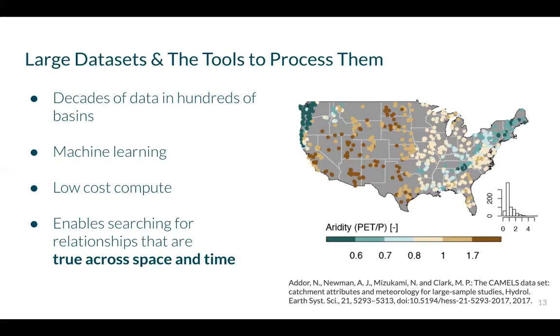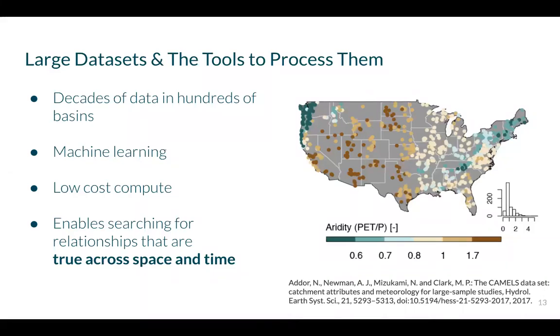And so that's kind of the key piece. Now that we have the tools and data across lots of places and lots of conditions, we can now start looking for relationships that hold in a broad set of conditions. And that starts to sound a lot like a physical rule, a physical law.